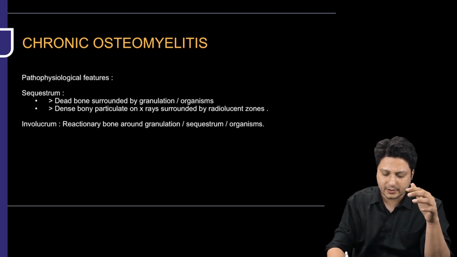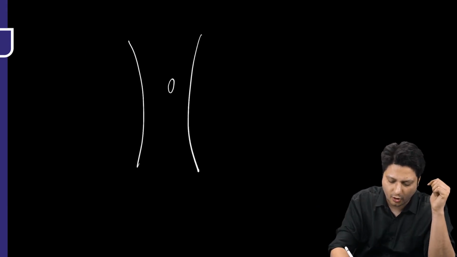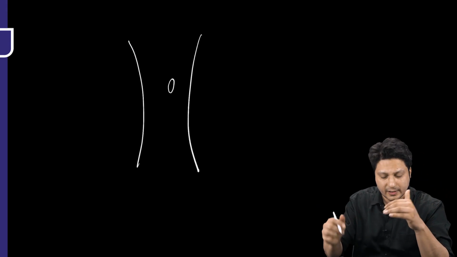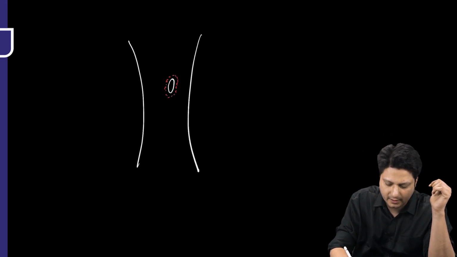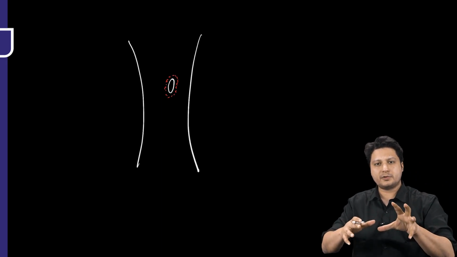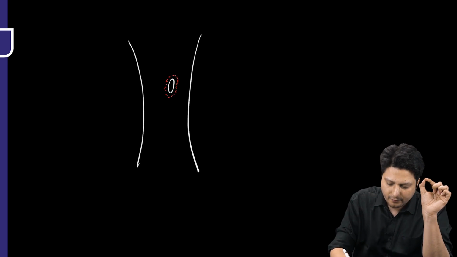Just imagine a child who had acute osteomyelitis which was ill-treated, so it led to the collection of some organisms which remain inside the bone. Imagine these are the organisms still present inside the bone. These organisms are growing around a small segment of the bone.